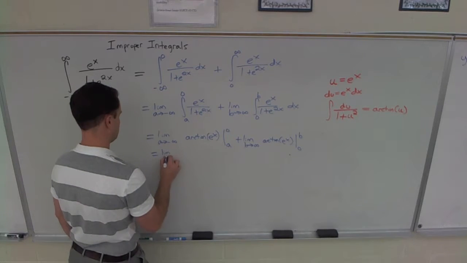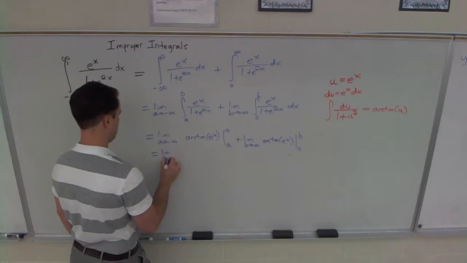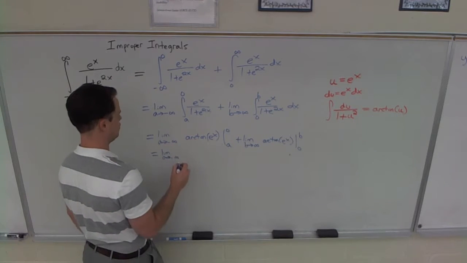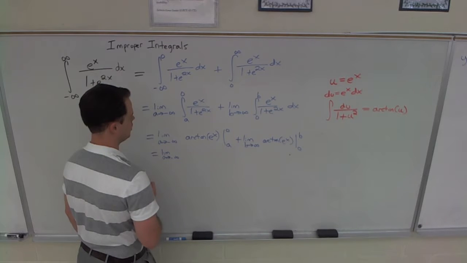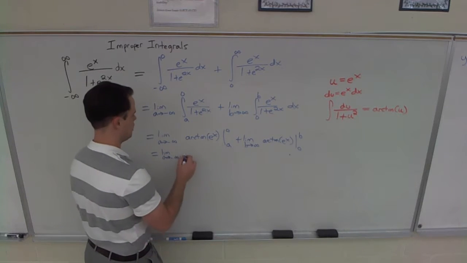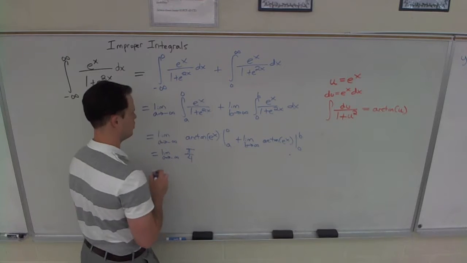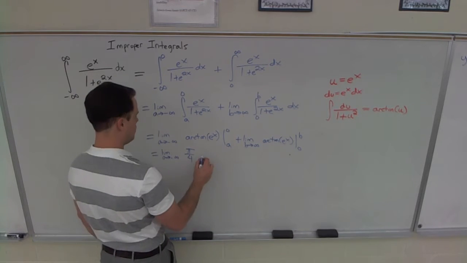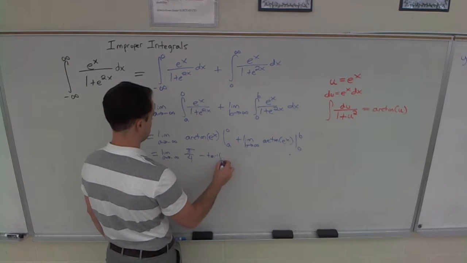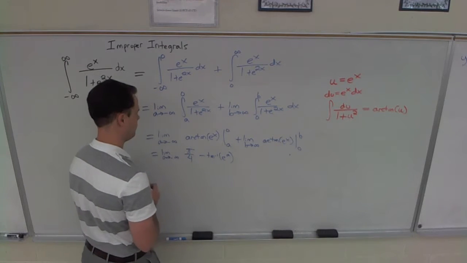So I've got the limit as a approaches negative infinity. And you can show less work than this. I'm just being exclusive, very careful today. If I plug 0 in, I get the arctangent of 1. What's the arctangent of 1? That's pi over 4. Minus, if I plug a in, I'm going to have the inverse tangent of e to the a.